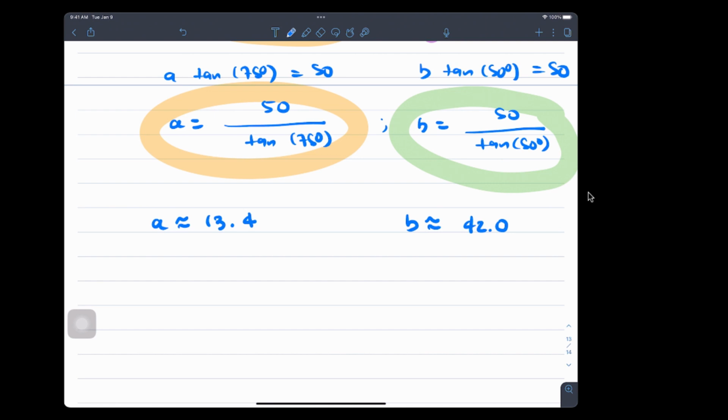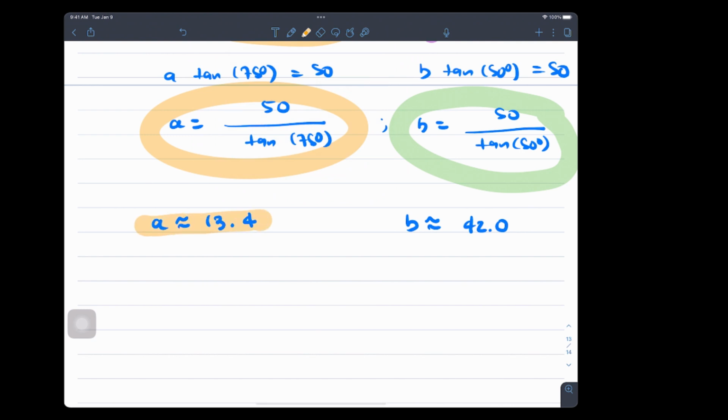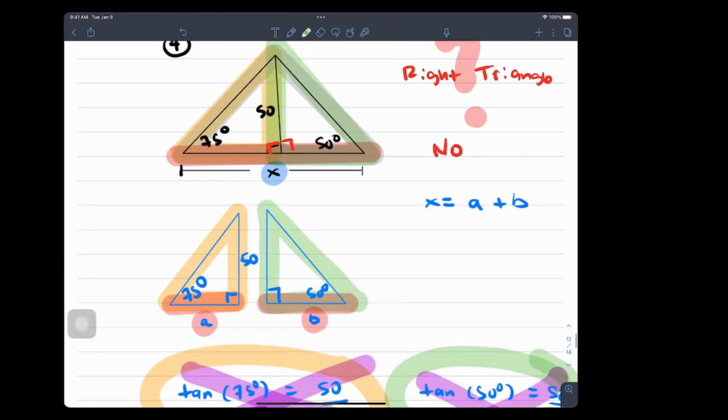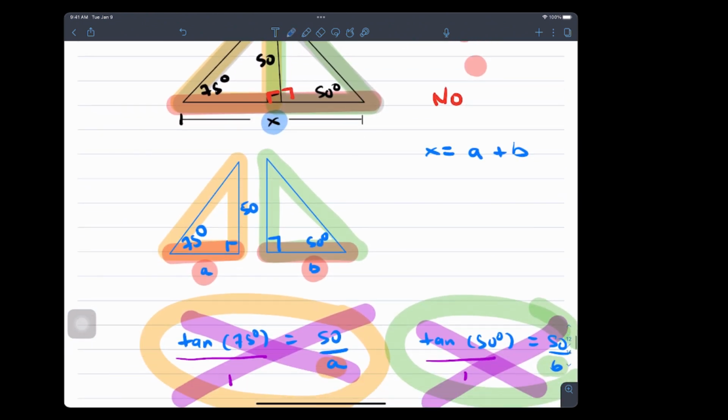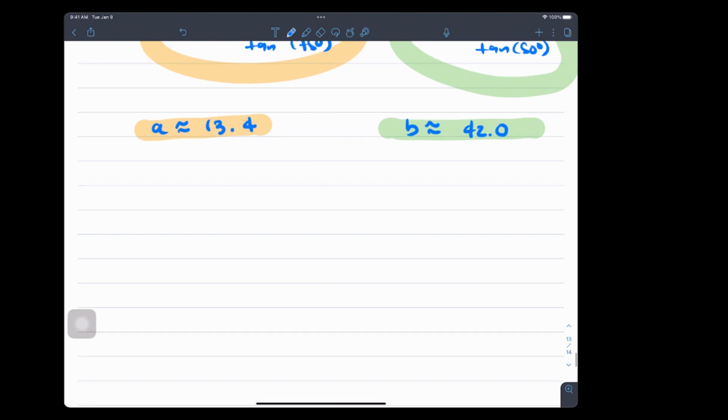So double check that we did everything okay, right? Because remember, we need to take this A value and the B value. What do you do with A and B? You add them. So you say, oh, is that going to give me my X? Yes. So what is 13.4 plus 42?